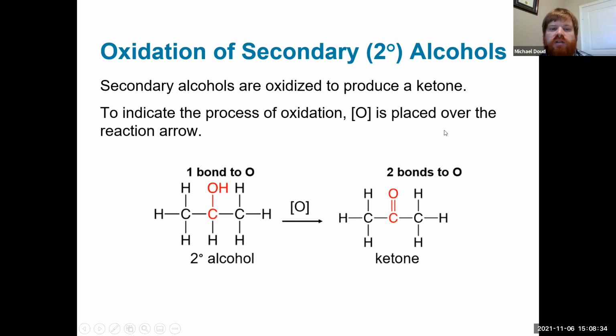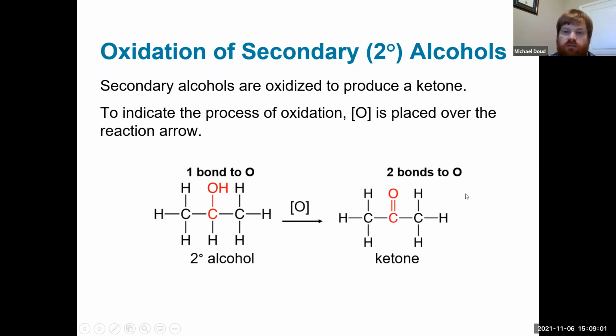For secondary alcohols, what happens is you can oxidize it once from an alcohol to a ketone. So now we have this carbon bonded to 1 hydrogen and 2 carbons and an oxygen. So that's 1 bond to oxygen. When it gets oxidized, this carbon and this oxygen both lose a hydrogen. That leaves you with a C double bond O, a carbonyl group.